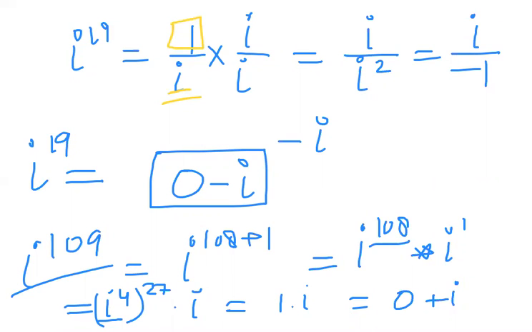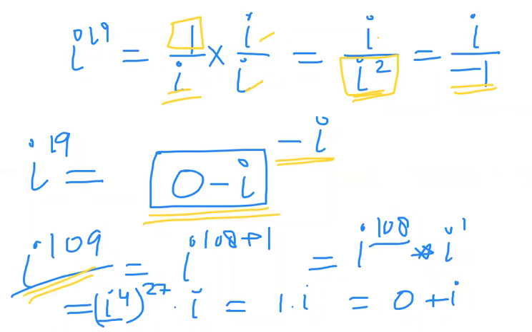So I multiply and divide by i. As we were doing in class 9th, if root 2 came in the denominator we were multiplying and dividing by root 2. So it becomes i upon i square, and the value of i square is minus 1. So it becomes minus i. I could write 0 minus i. In the same way we can solve for higher powers also.